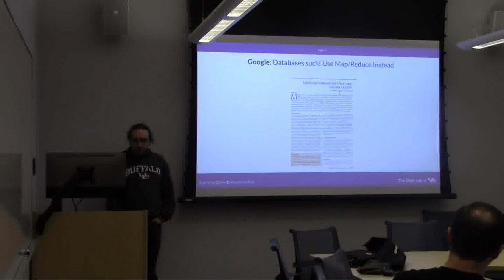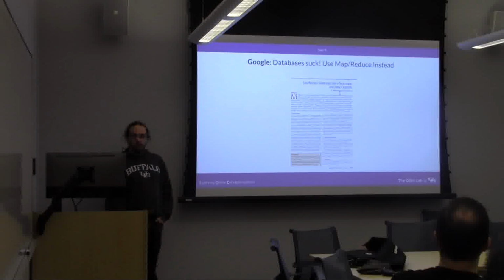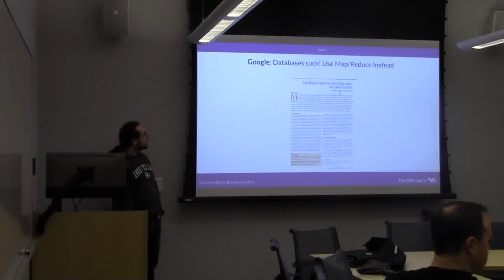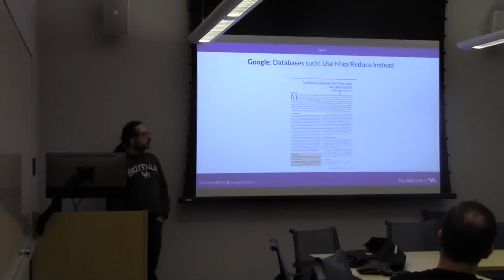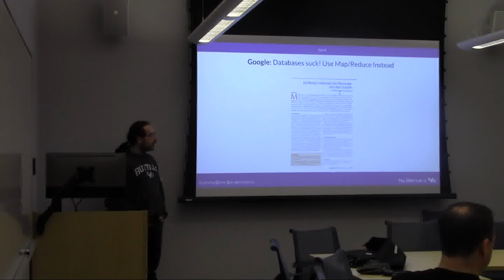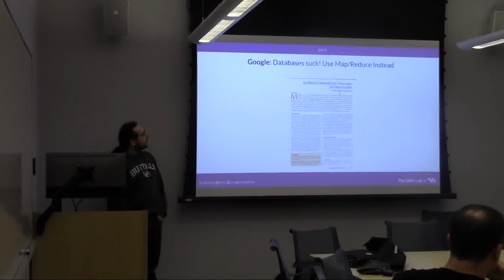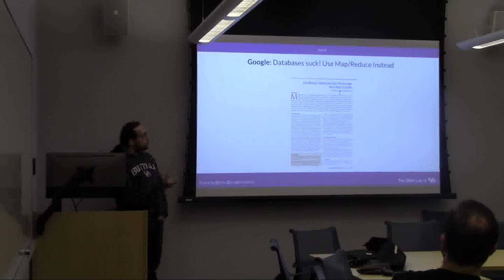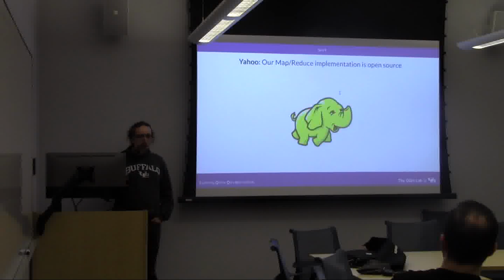So what happened was, two fellows from Google came along and wrote this paper called MapReduce, and it basically said something to the effect of databases suck. They don't scale, they don't work when you want to throw a ton of data at them, so use this instead. Of course, they said use MapReduce, but they didn't actually give anyone any code. Then Yahoo came along.